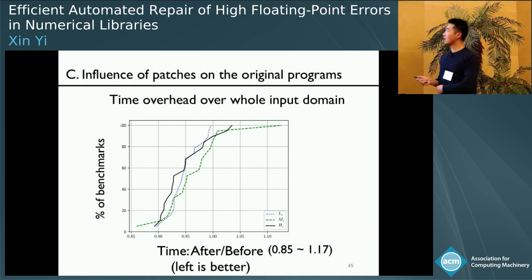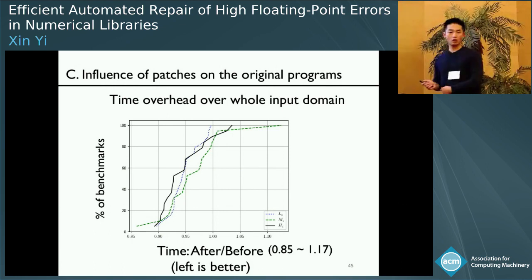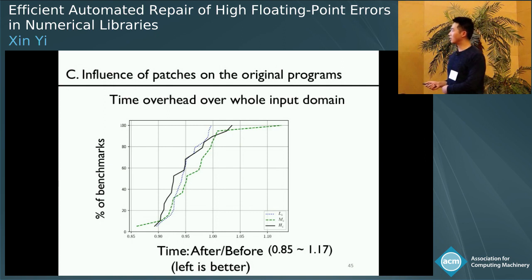For the time overhead over the whole input domain, the value is around 1, which shows that our patch does not slow down the program after applying it. On the other hand, we accelerated the original program over the error.